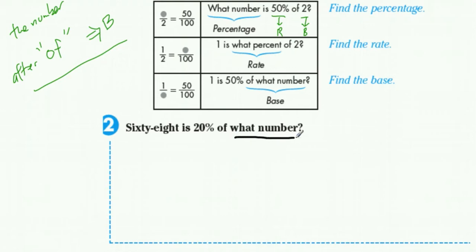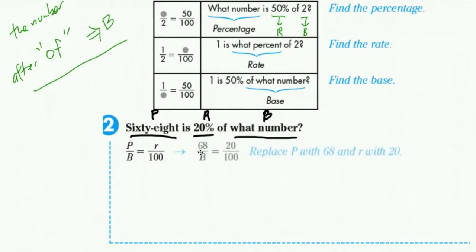So in this case, what number becomes your base. 20% is your rate, and there's only one left. 68 is your percentage. So if you use that, go to the formula P over B equals R over 100, substituting the values: 68 is our percentage, and we're looking for the base, is equal to 20 over 100.